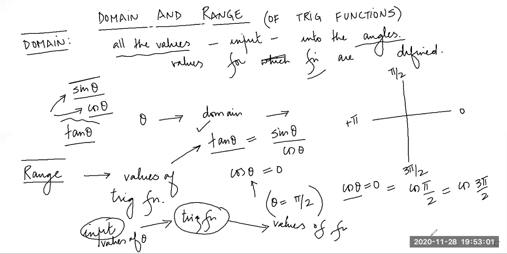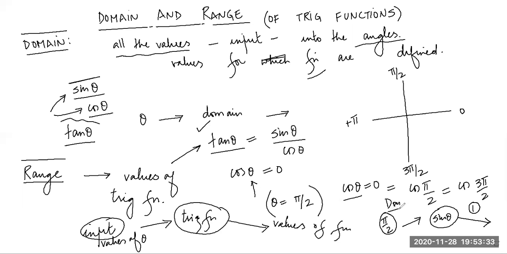For example, I give the input value of pi by 2 to the trigonometric function sine theta. And what is the output I am getting, Ishma? Sine pi by 2 is 1. So this 1 is the range and this pi by 2 is the domain.